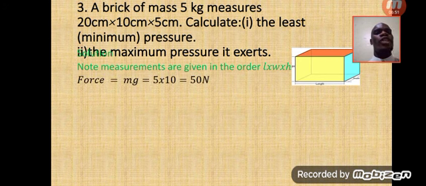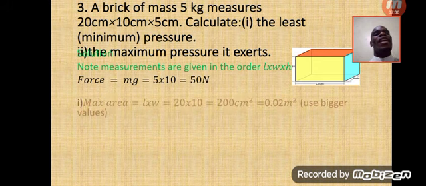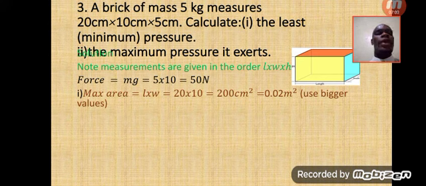Therefore, the force will be the mass of the brick, which is 5, times the gravity, which is 10, giving us 50 newtons. Then maximum area is equal to length times width, which is 20 times 10, which is 200, which when converted to meters will give us 0.02 meters squared.